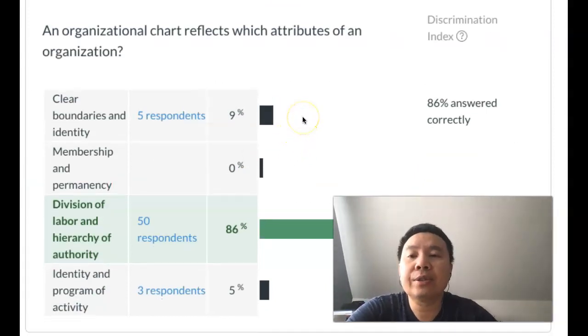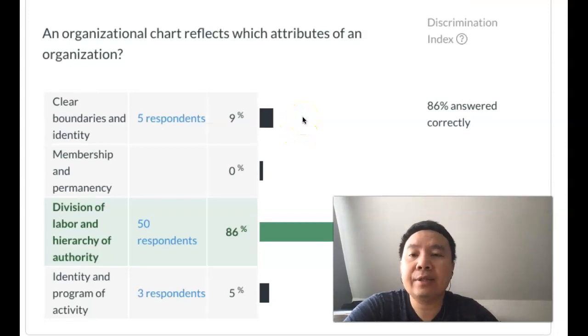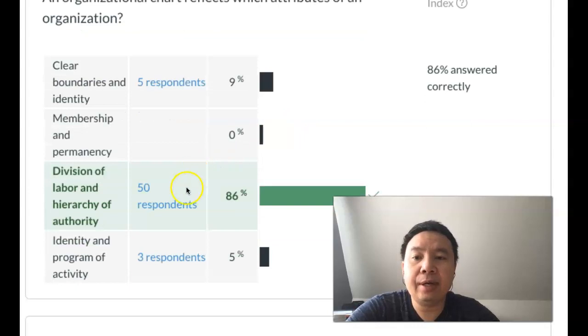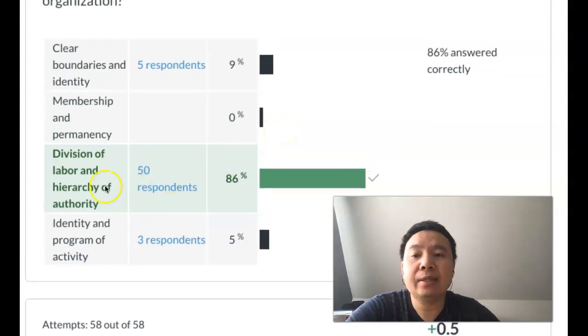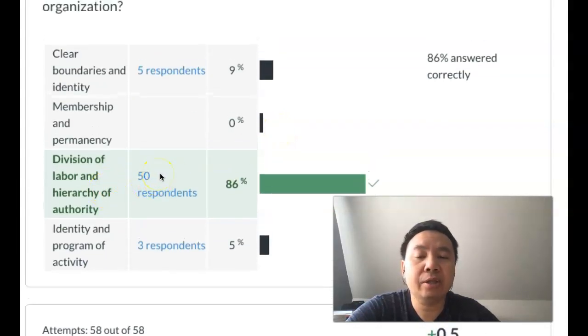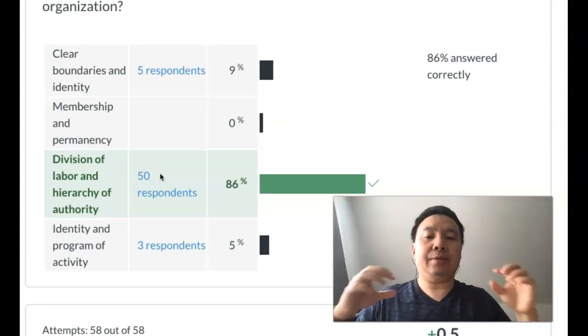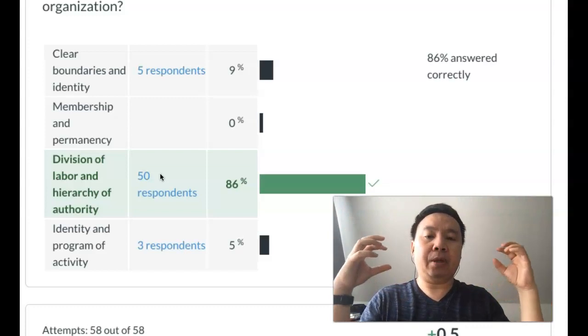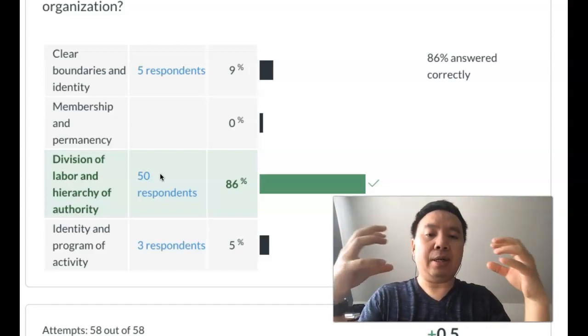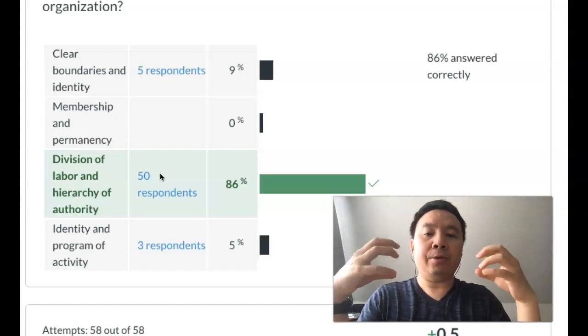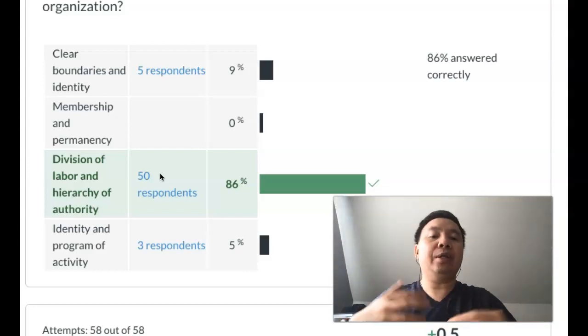The first question is talking about what attribute of the organization the organizational chart reflects. An organizational chart reflects division of labor and hierarchy of authority. Think about this organizational chart. It shows what positions the organization has, and the relationship between different positions.